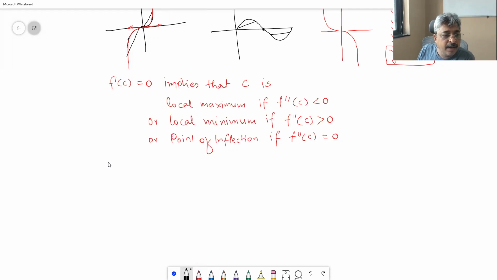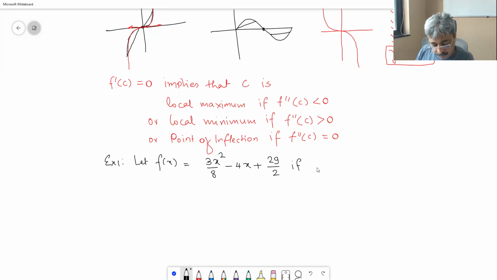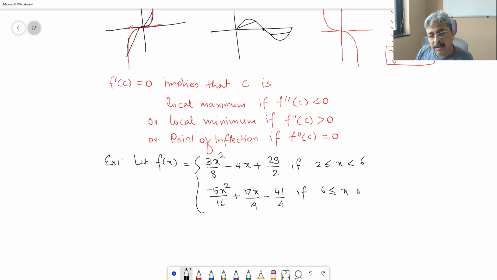Okay, so let f of x be 3x square upon 8 minus 4x plus 29 by 2 if 2 is less than x is less than 6, and minus 5x square upon 16 plus 17x upon 4 minus 41 upon 4 if 6 is less than or equal to x is less than or equal to 10.